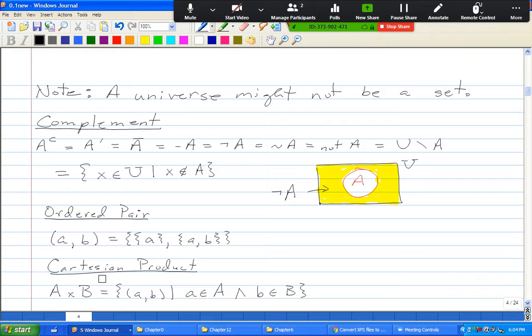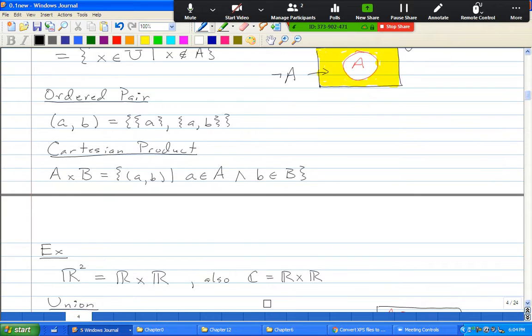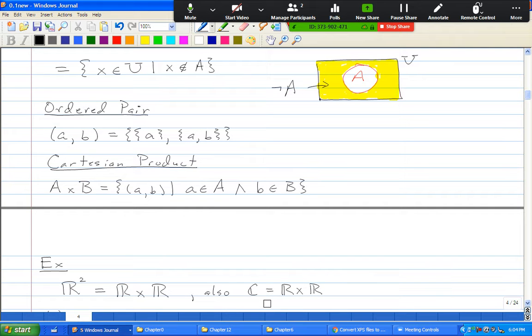So Cartesian product. The Cartesian product, denoted by this little X here, is the following. So the Cartesian product of the set A with the set B is just the set of all ordered pairs AB, where A is in the set A and B is in the set B. Examples of the Cartesian product. Well, the plane R2 is just the Cartesian product of R with itself.